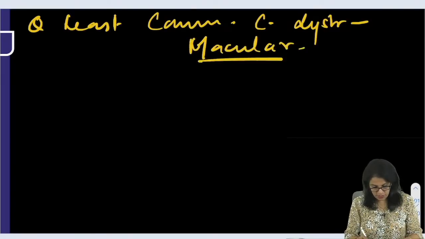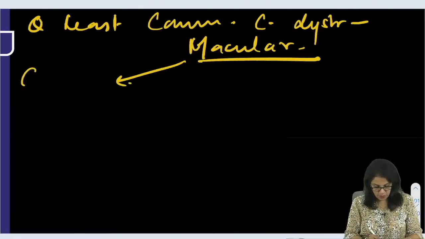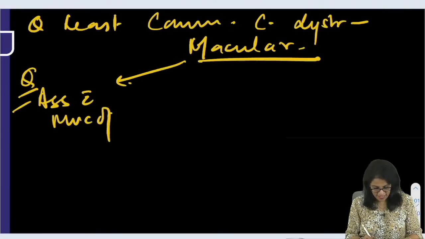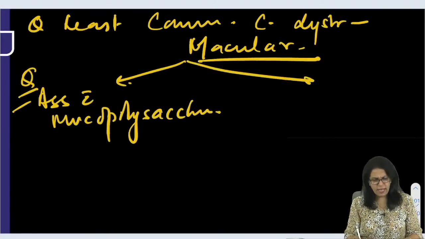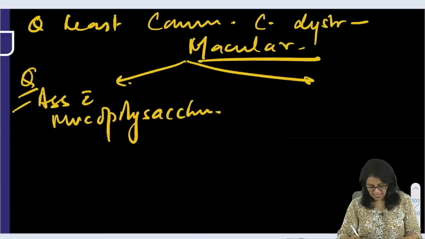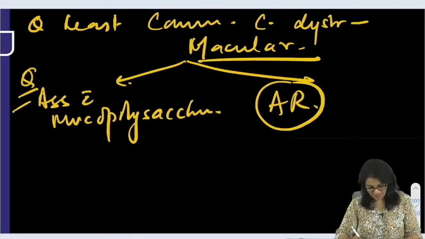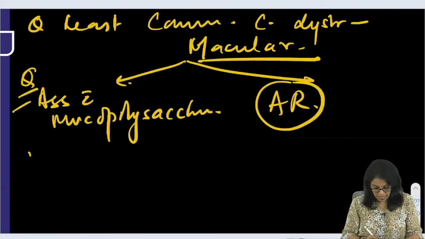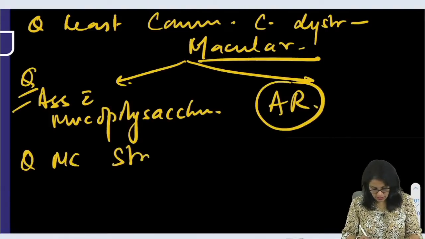Macular is a stromal dystrophy. Another question, it is associated with mucopolysaccharidosis. Keep noting down please. They'll ask you just direct factual questions. Then macular is the only one among all the corneal dystrophies which is autosomal recessive. And which is the most common stromal dystrophy?